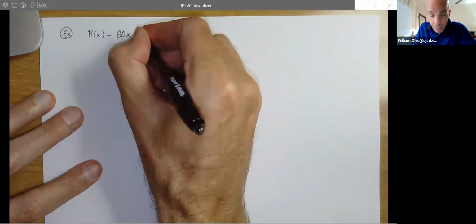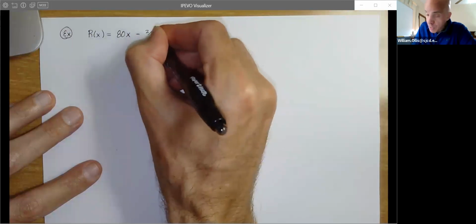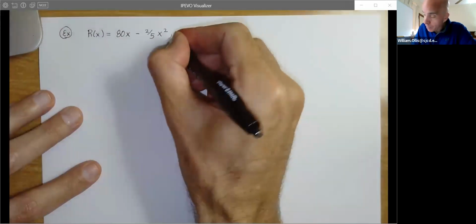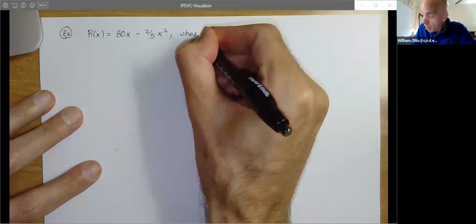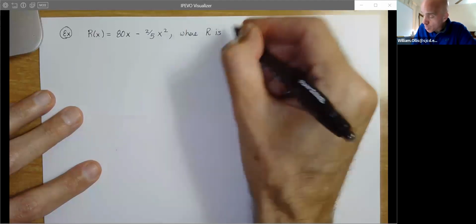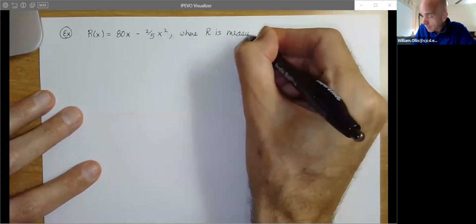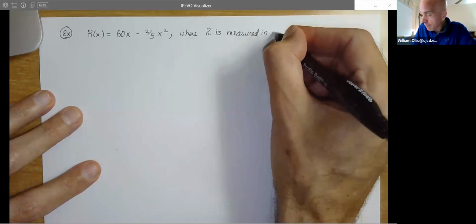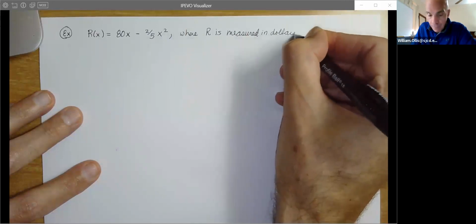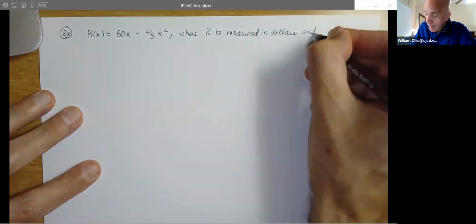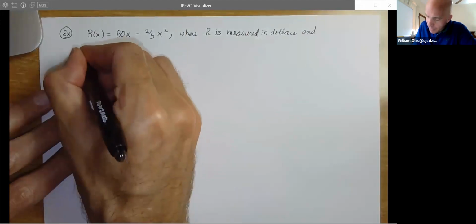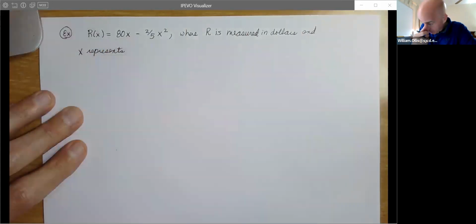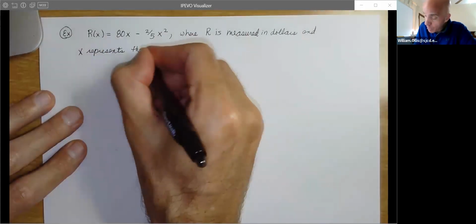R of X, that's going to be revenue, is going to be negative 2/5 X squared, where R is measured in dollars, and X represents the number of units manufactured.